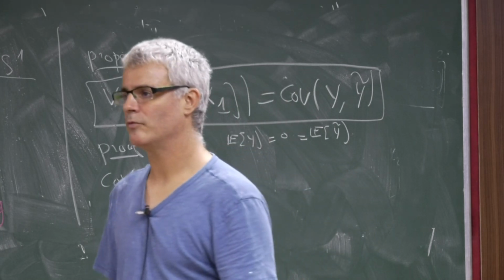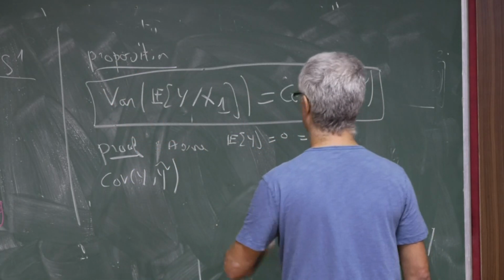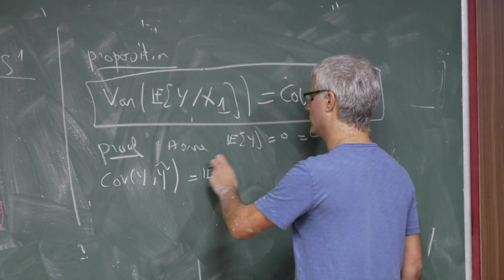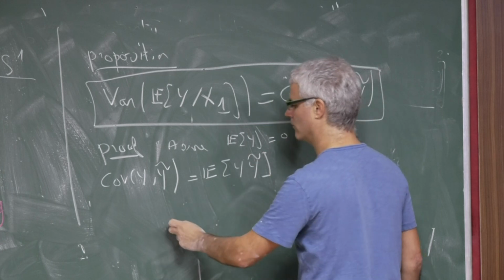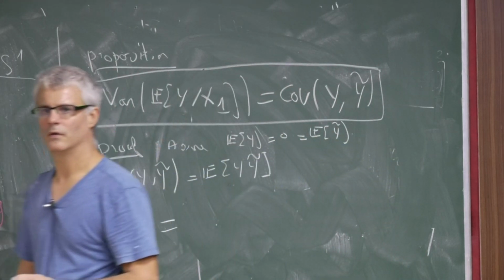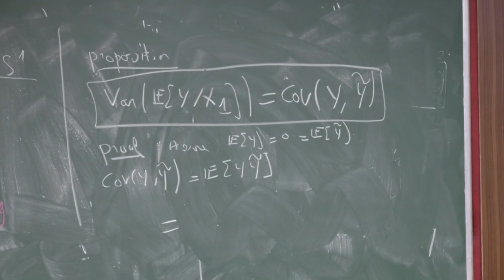In that case, the covariance will just be the expected value of the product of the two variables. Now I will say that the expected value is the expected value of the conditional expectation in x1.